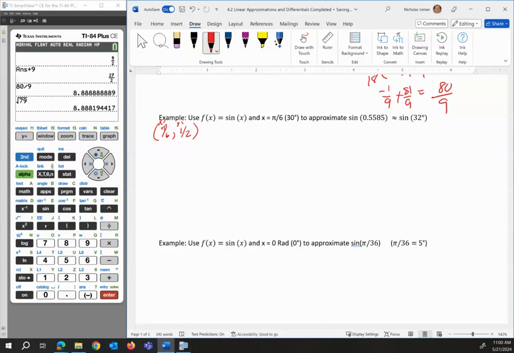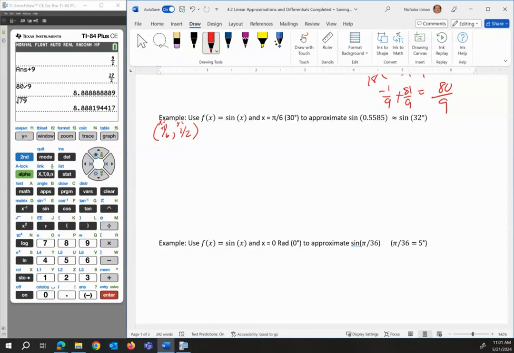We can use this to approximate sine at 32 degrees, which as a decimal number in radians is 0.5585. Now, whenever you do derivatives, integrals, when we get there, whenever you do these things with sine, cosine, tangent, you have to be in radian mode. These don't work in degree mode.